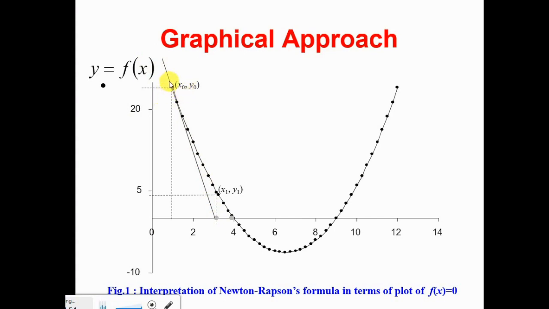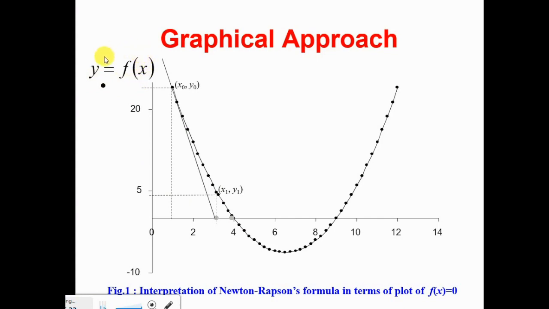Now we are interested in finding the equation of this line, and obviously one point on the line is x0, y0, and we have a new point here x1 on x-axis, and obviously corresponding y is 0. So we have a line passing through 2 points, and we can find out slope for the line and the constant, that is y-intercept.